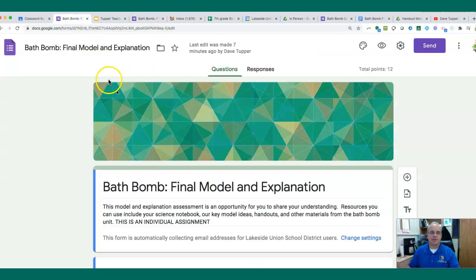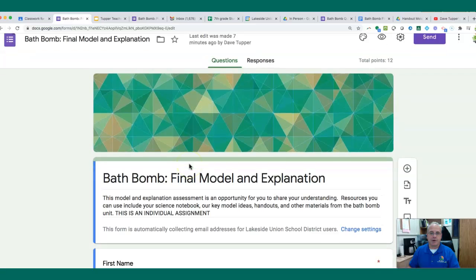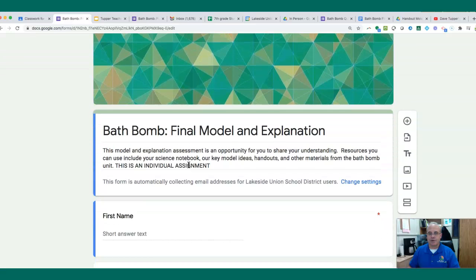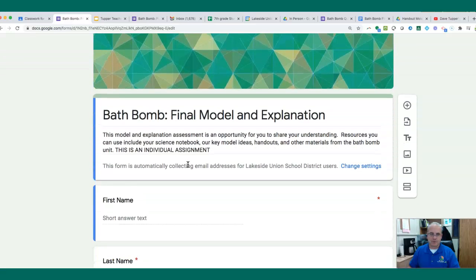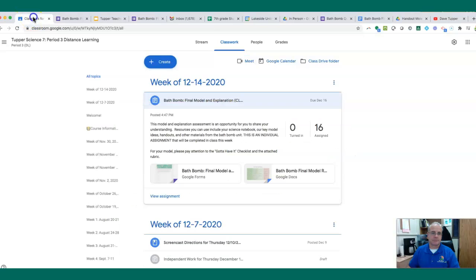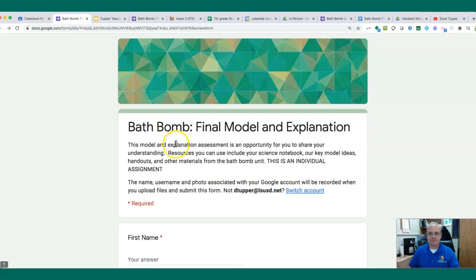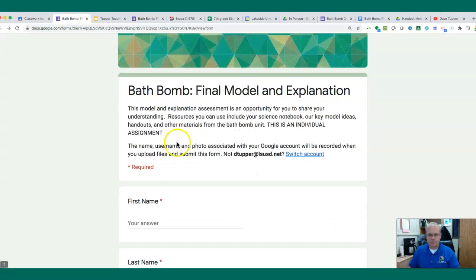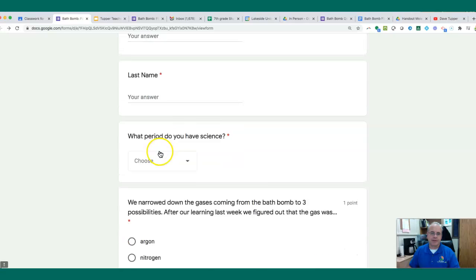So we're back to our bath bomb final model and explanation. Remember, we got here by going to our Google Classroom week of 12-14, clicking on bath bomb final model. And you have your name, first name, last name, what period.